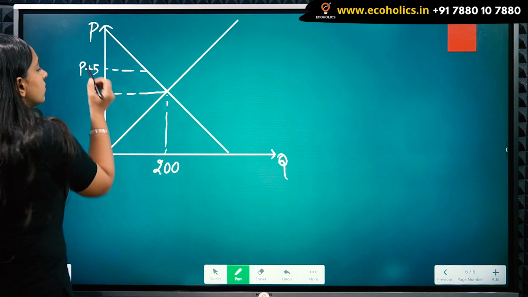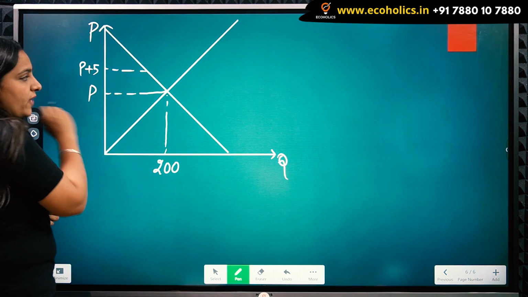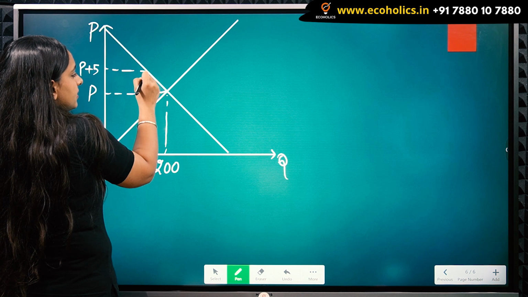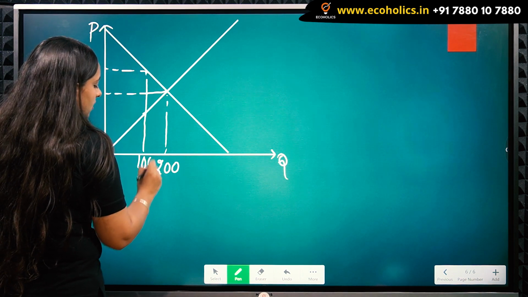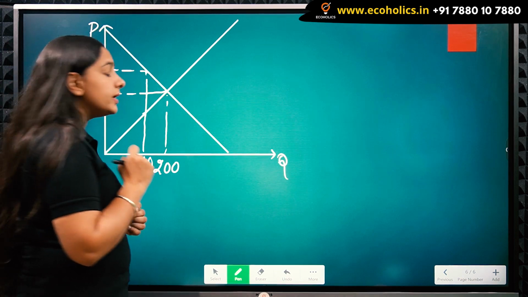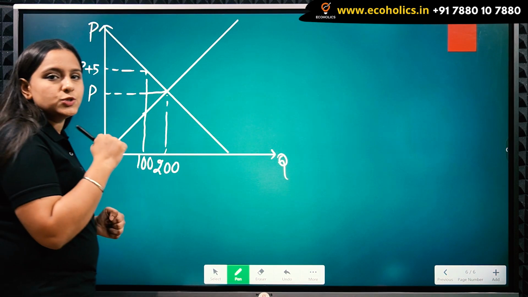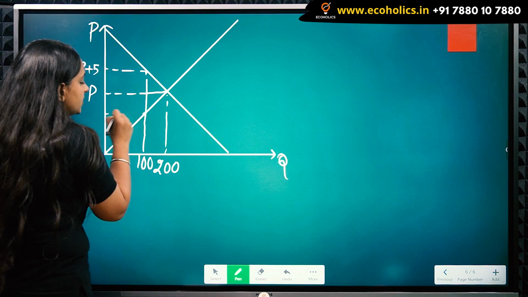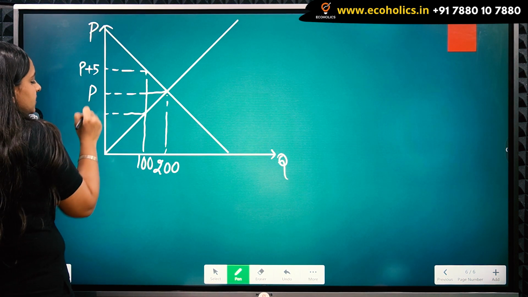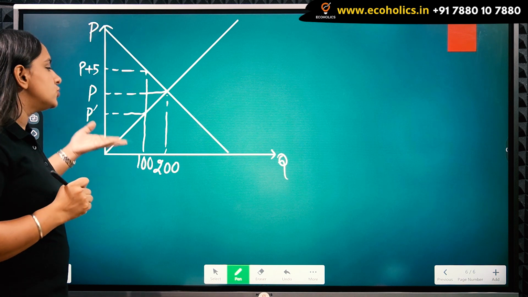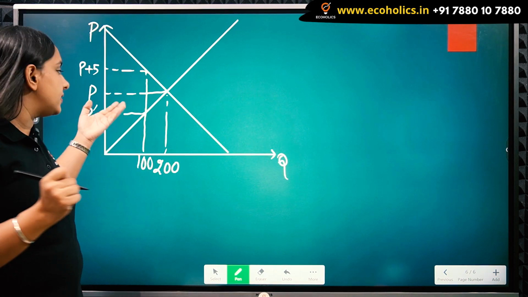So at the price increased by 5, what demand am I getting? That's 100. 100 units are demanded, and producers were even ready to sell these 100 units at a lower price. I don't know the exact price, but let's call it P dash.